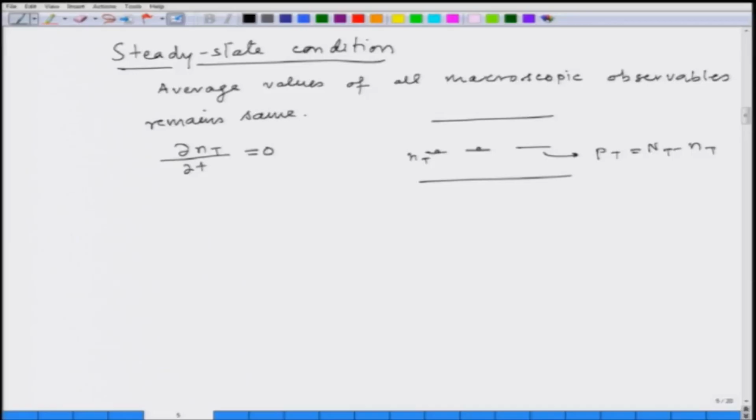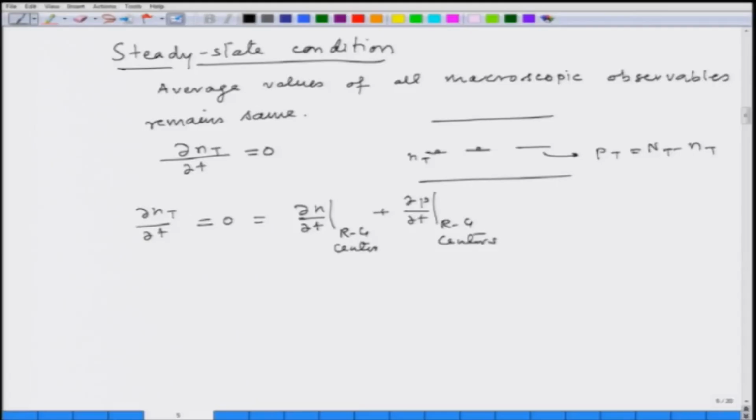In a steady state, it means that the overall processes balance each other. Basically, in order to have no change in dn_T, overall this is equal to 0, which means that any change in the carrier concentration due to RG centers of electrons plus any change in the carrier concentration of holes, if I add both processes together, there should be no change, which means n_T remains constant. So, that is a steady state condition.